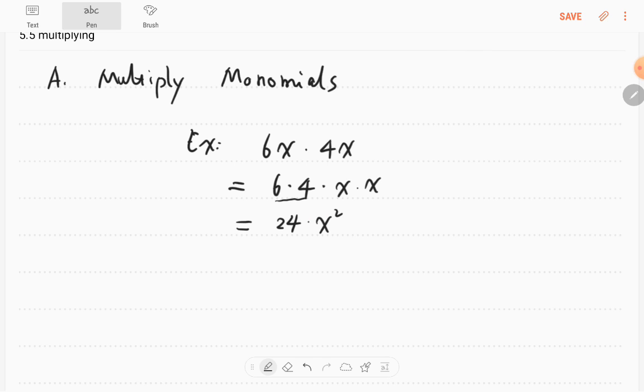We use the commutative rule and the associative rule. First, change the order. After that, we can do this together and these two together. Let's check another one. So we will still use the commutative rule first to change the order.